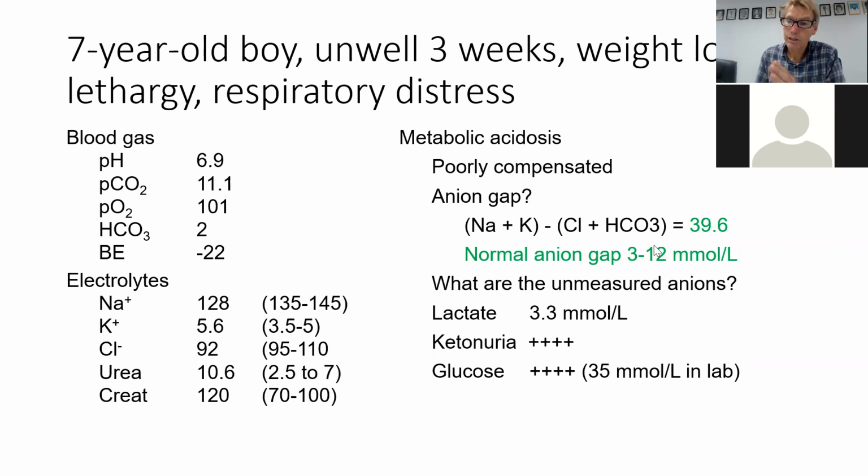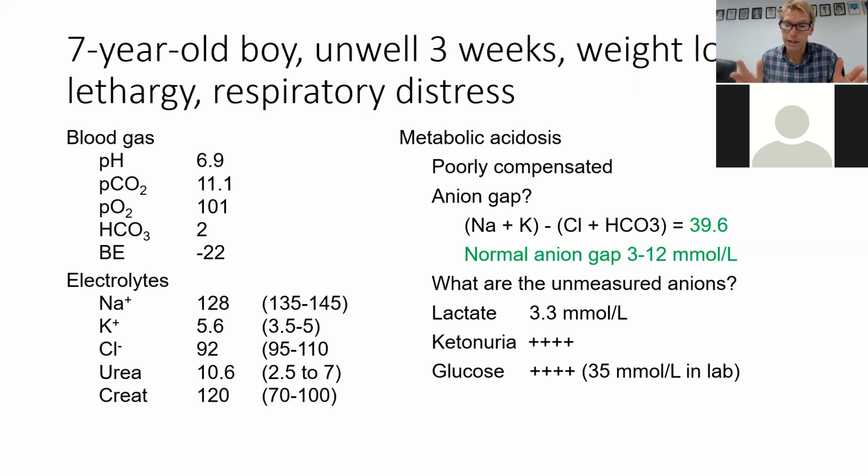The cations minus the anions, and what they normally would balance out. Normally the anion gap is between 3 and 12. So his sodium, 128, plus his potassium minus his chloride minus his bicarbonate. And because the bicarbonate is very low, his anion gap is very large. That tells you that there's an unmeasured anion in his system.